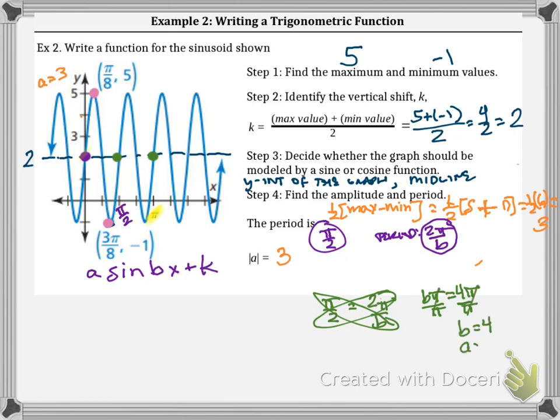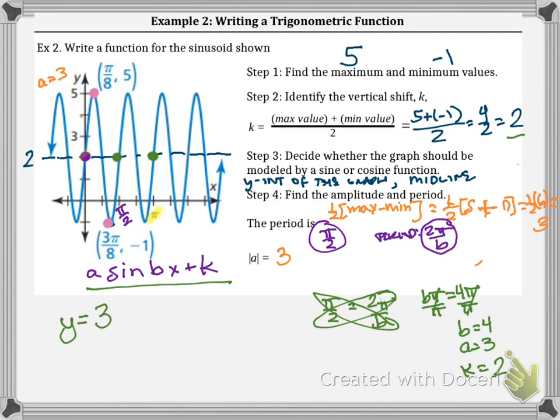So we have a is 3, b is 4. We know that our k value is 2 from up here. K is 2, but we're not going to shift it left or right. So now let's plug in those values into this function here. We have y equals, our a value is 3.